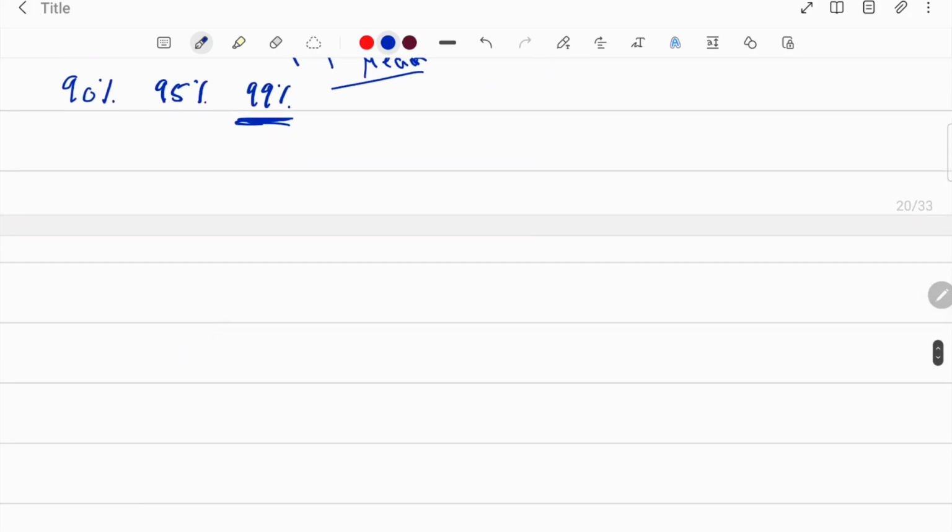And it involves formulating basically two competing hypotheses. So we have two competing hypotheses. The first one, we're going to call the null hypothesis.